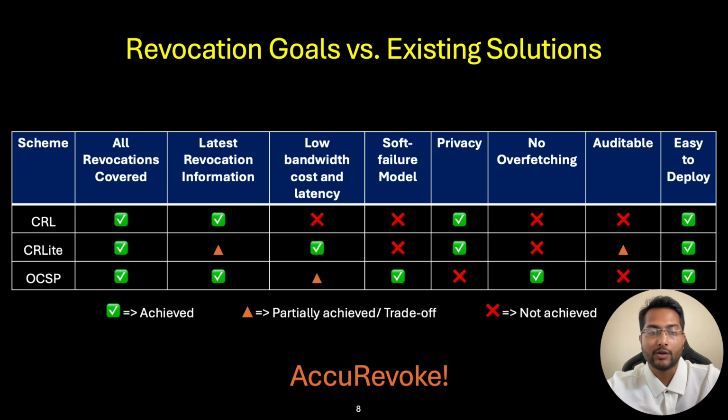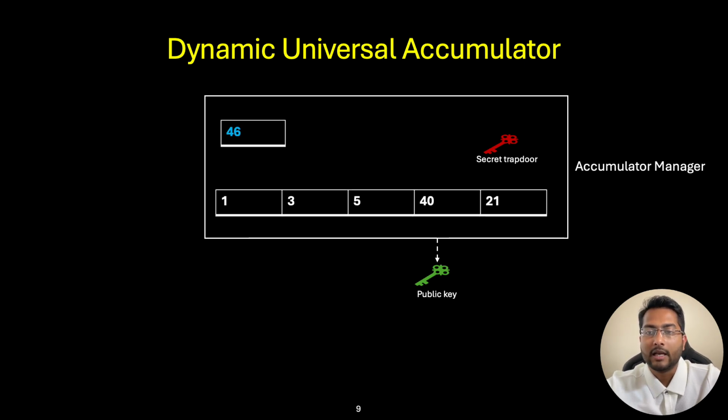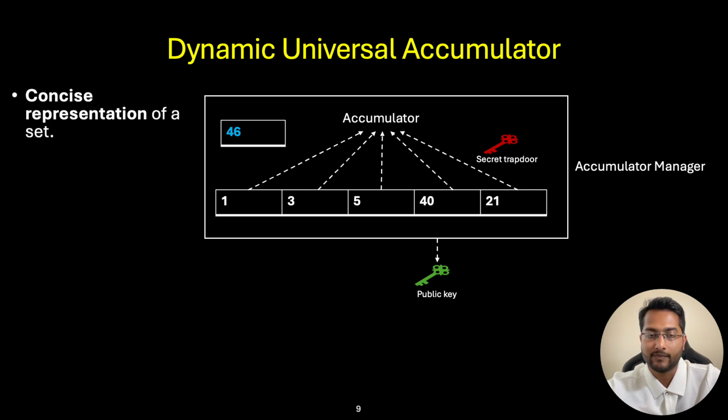AccuRevoke relies on some cryptographic protocols and tools. So let's see what are the cryptographic techniques or protocols we used in AccuRevoke. We took help of dynamic universal accumulator. In an accumulator, there is an accumulator manager, which is like a trusted entity who chooses a secret trapdoor and creates a public key from it. The good property of the accumulator is that it allows creating a concise representation of a set of elements.